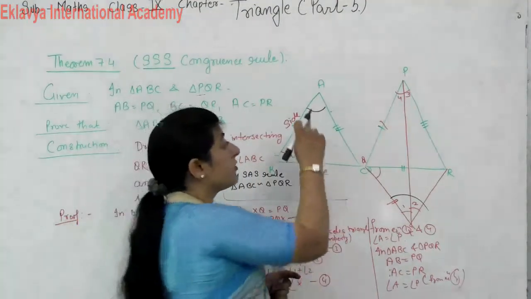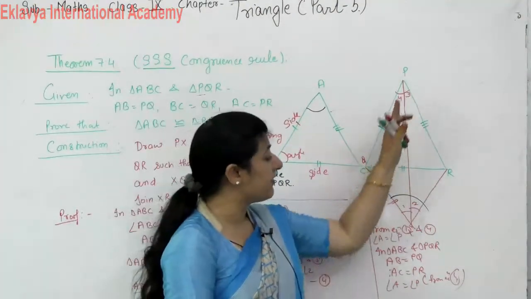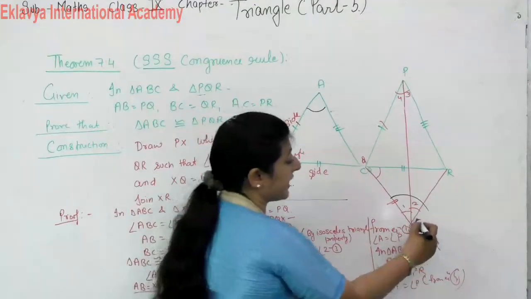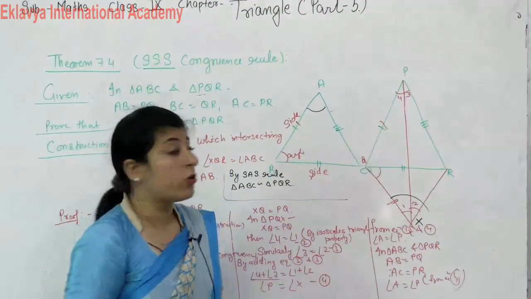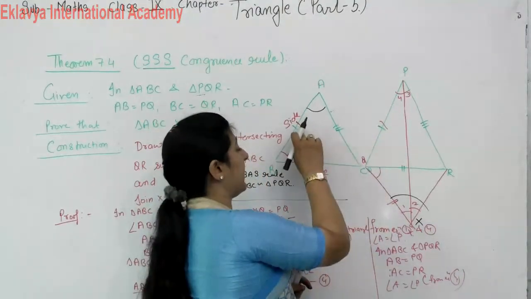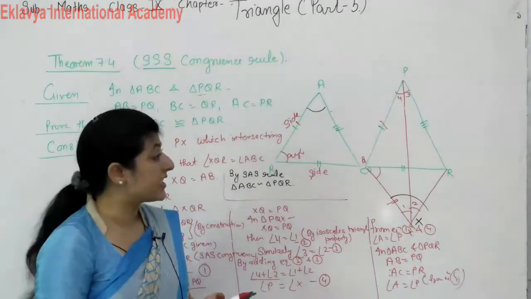Now we want to prove that angle A is equal to angle P. For this, firstly we have to prove angle X is equal to angle P. This is point X. How to prove? This side is equal to this by construction, and AB is equal to PQ, which is given.